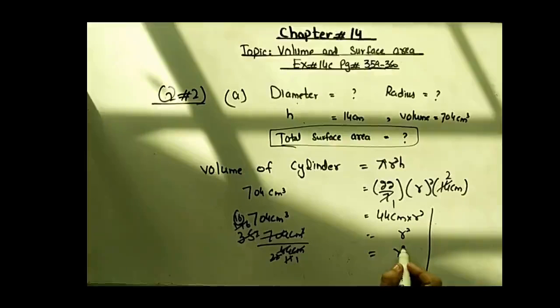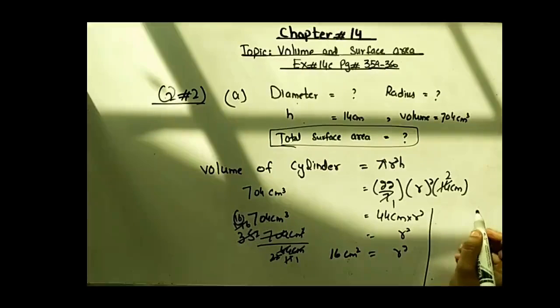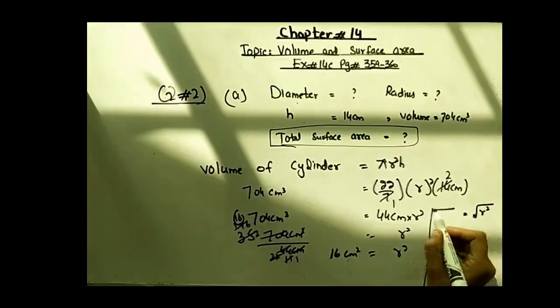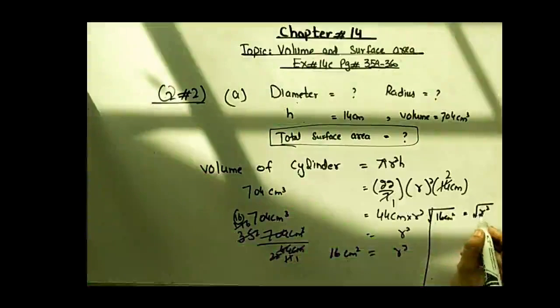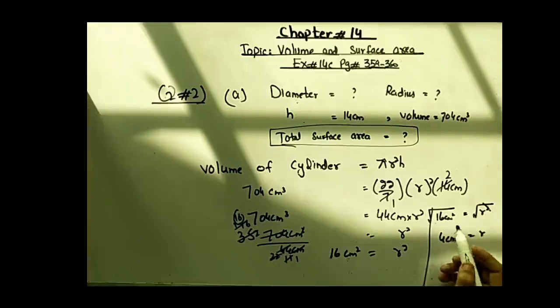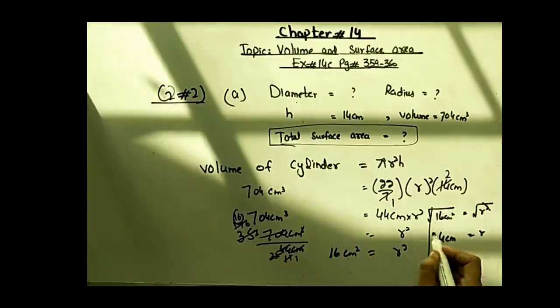Then r square is equal to 16 centimeter square. Now take the square root on both sides. Then we know that the value of square root is equal to 1 by 2. So the square will cancel with the square root, just r will be left, and 16 is the square of 4. So we can write 4 centimeter. So r is equal to 4 centimeter.